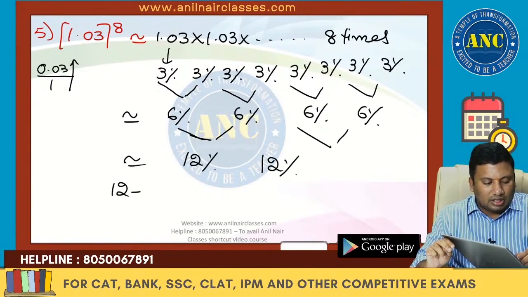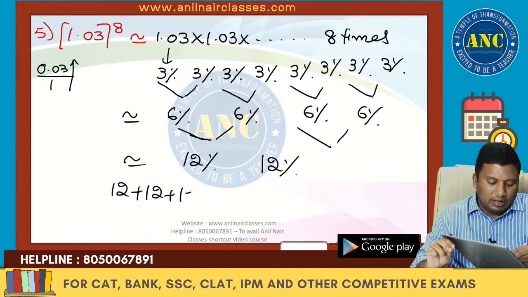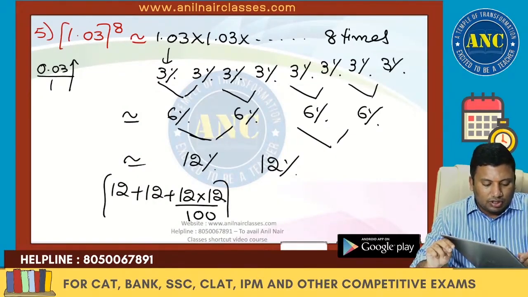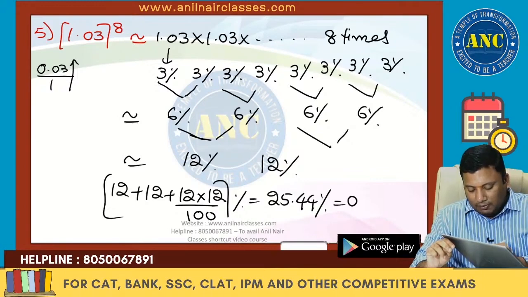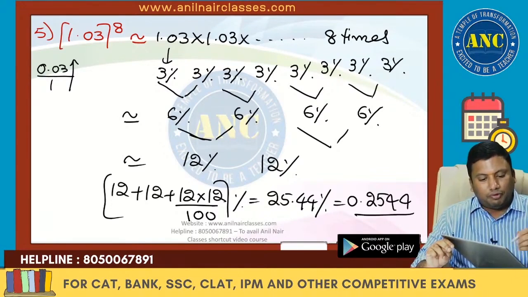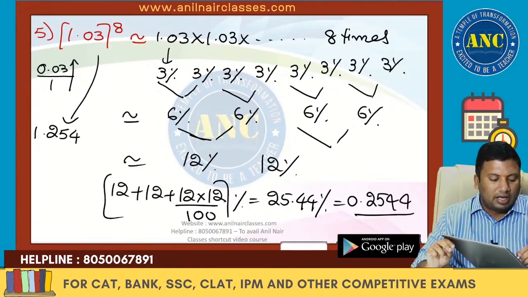So this is nothing but A plus B plus A into B divided by 100. So this is nothing but 25.44 percentage, which is nothing but 0.2544. 0.2544 on 1 there is an increase. So the value is approximately 1.2544.